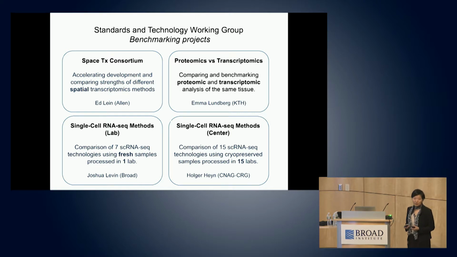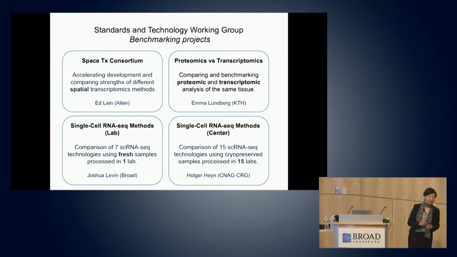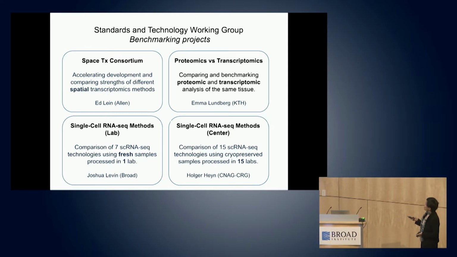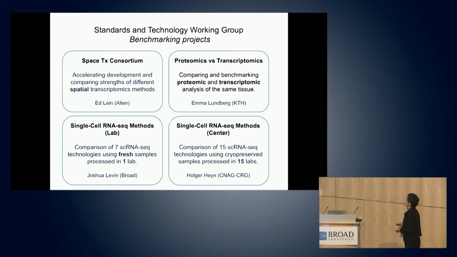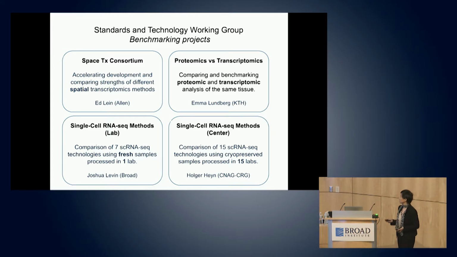And there, they put a lot of different spatial transcriptomics approaches together, imaging the same data, analyzing the same data, so that we can actually compare the strengths and differences of various spatial approaches. And then, of course, the goal is accelerating the development of this. And then there is a proteomics and transcriptomics comparison led by Emma Lundberg. And that is comparing and benchmarking proteomic and transcriptomic analysis of the same tissue.